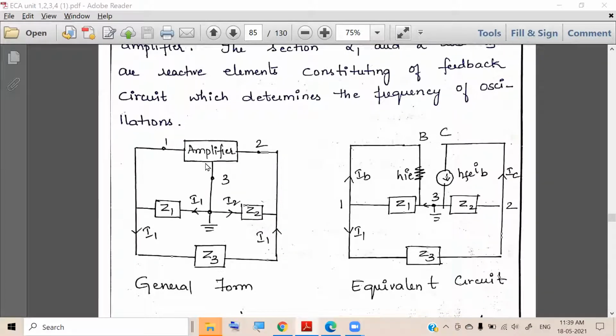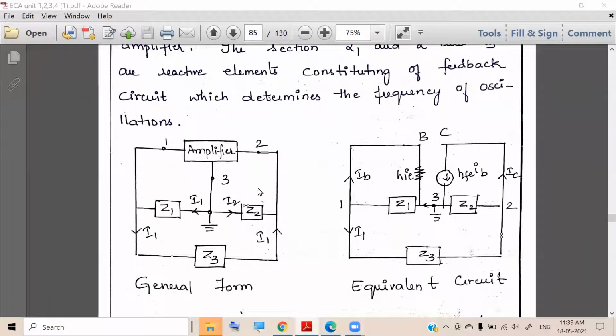I repeat, the main component in the amplifier is the transistor. We can replace this amplifier block with the equivalent circuit of the transistor, as you can see here.